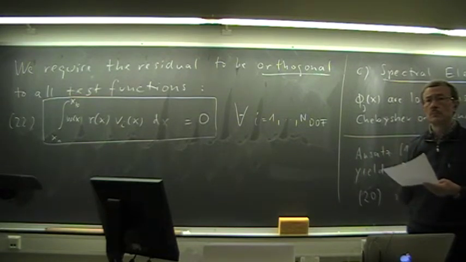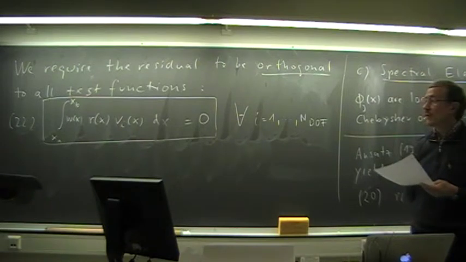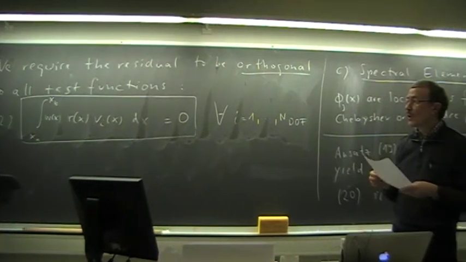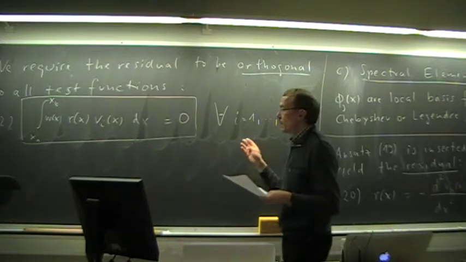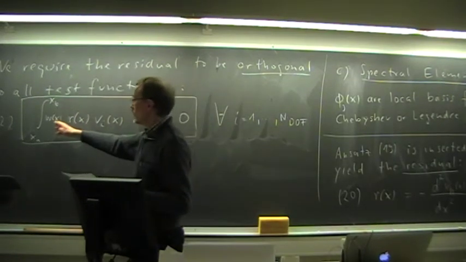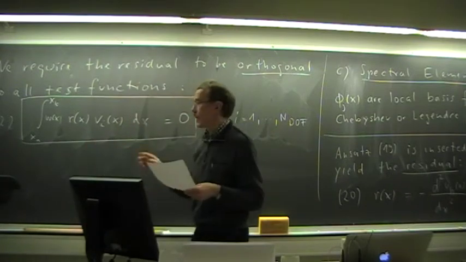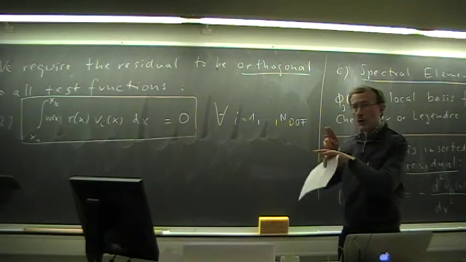Yes, it's usually 1. But if you want to have, for example, Chebyshev polynomials, then you get 1 over the square root of 1 minus x squared, something like that. So it is then orthogonal with that.